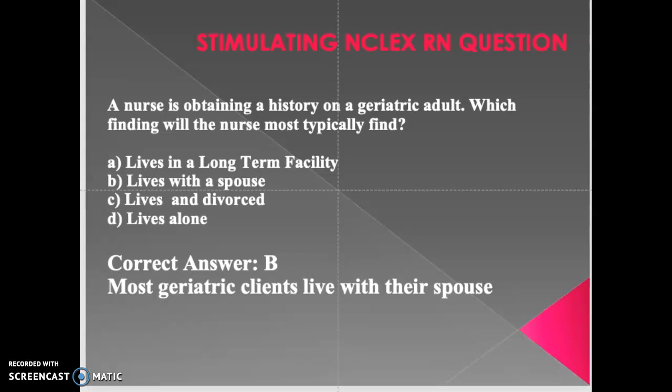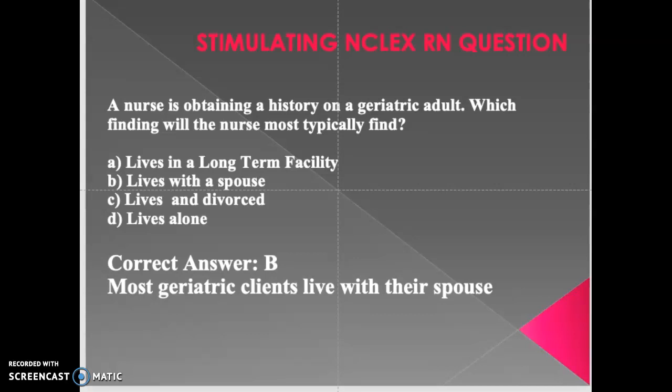The first question we have here: a nurse is obtaining a history on a geriatric adult. Which finding will the nurse most typically find? Lives in a long-term care facility, lives with a spouse, lives in divorce, lives alone. So the correct answer is B. Most geriatric clients, elderly patients, like to live with their spouse.